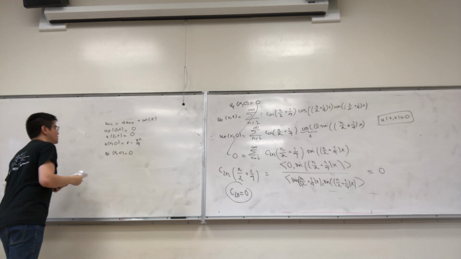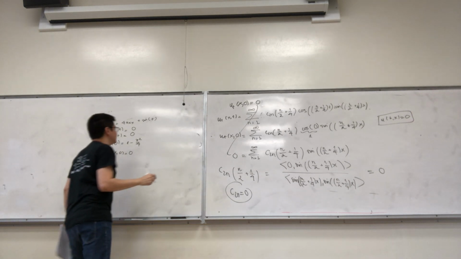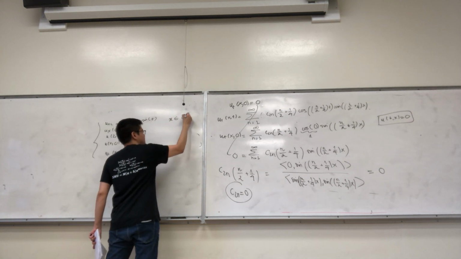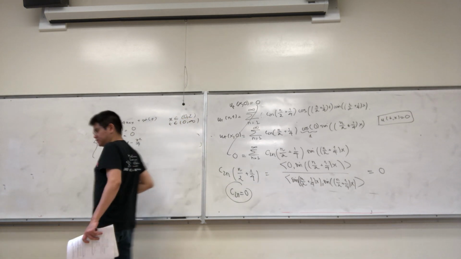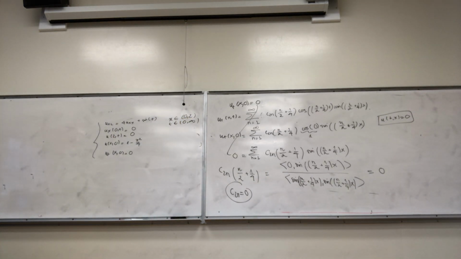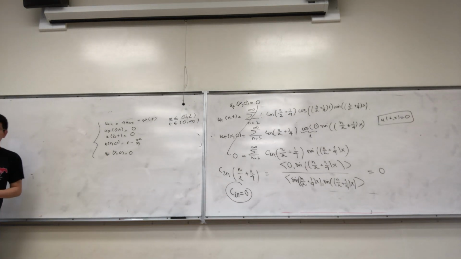So this is for x in 0 to 2, t from 0 to infinity. Right? So this is the equation that we have to solve.